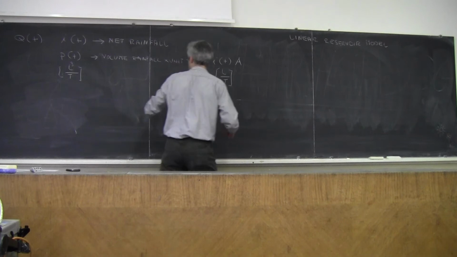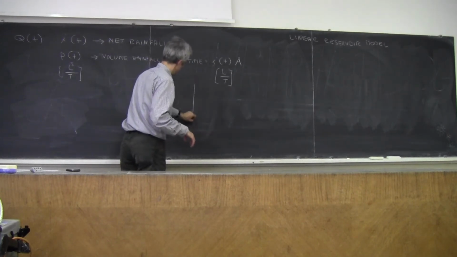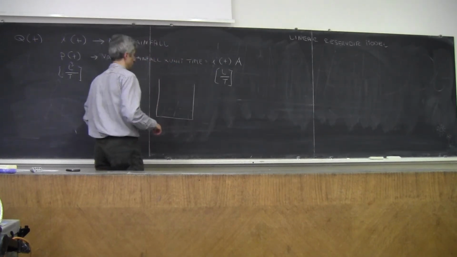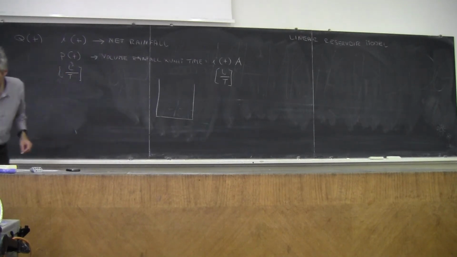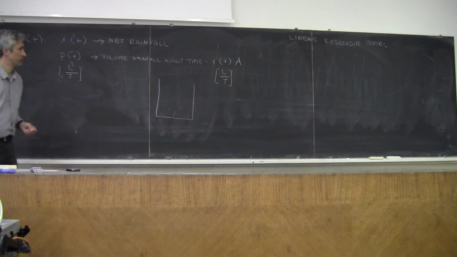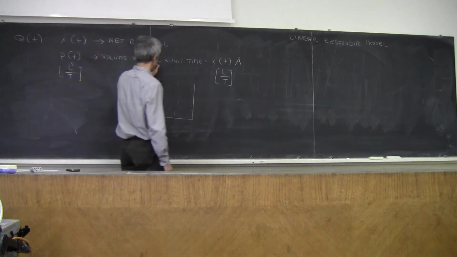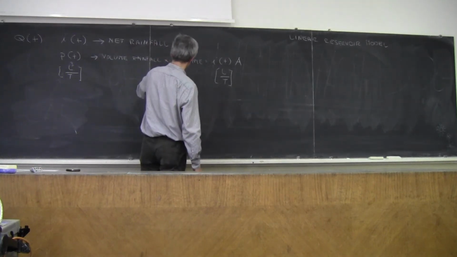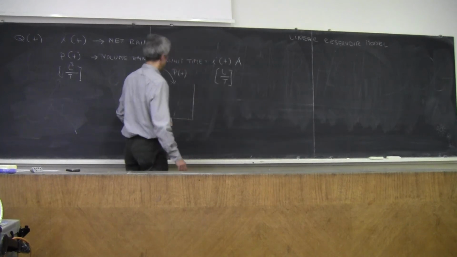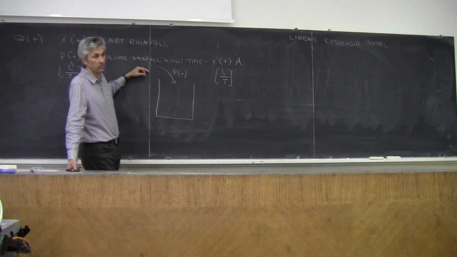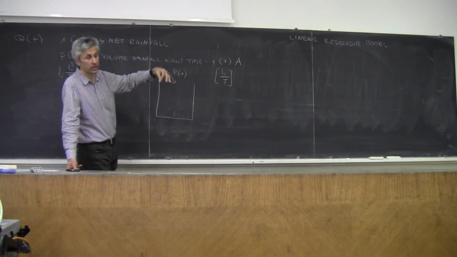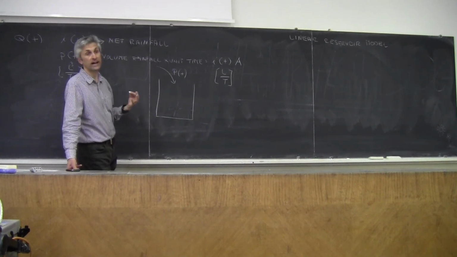So basically, this is my catchment, and I suppose that I get at each time step an input of volume of rainfall into this reservoir, into this tank.